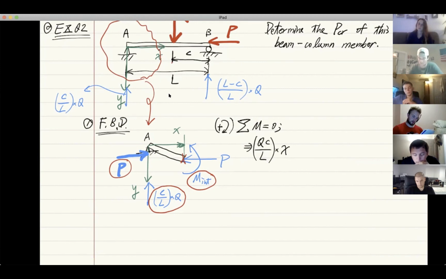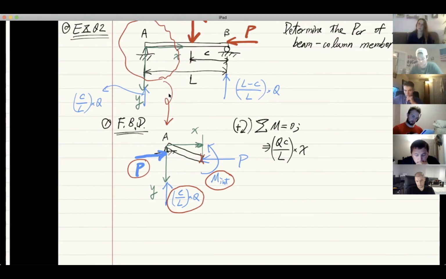There's also another moment produced by the force P, right? And what's the distance? Distance is y. So from this point to this point, that is actually y. From here to here, if it's not clear, this is y. And from here to here is x.